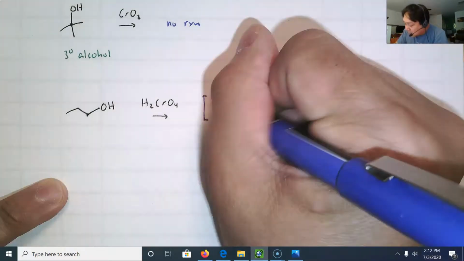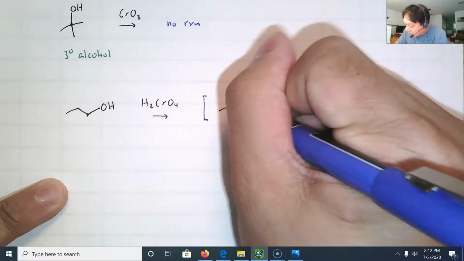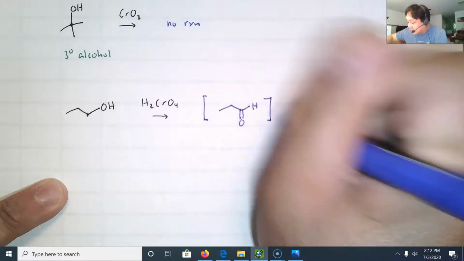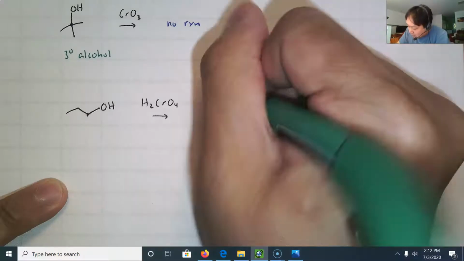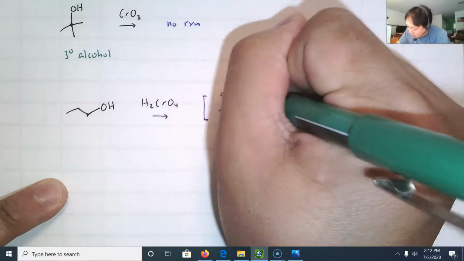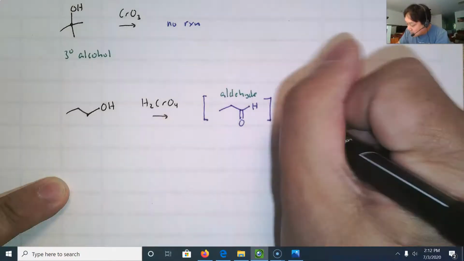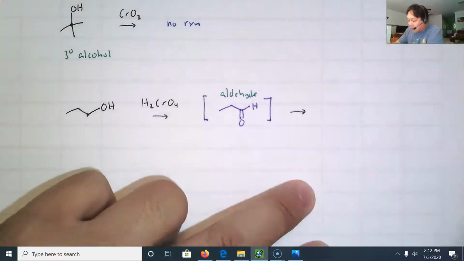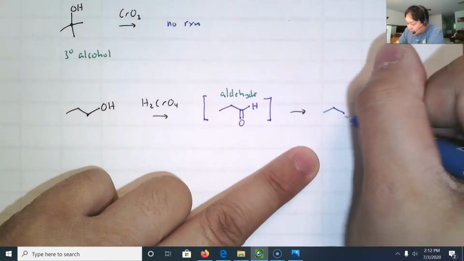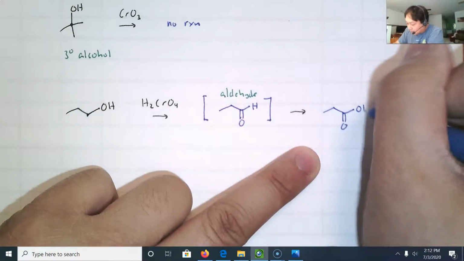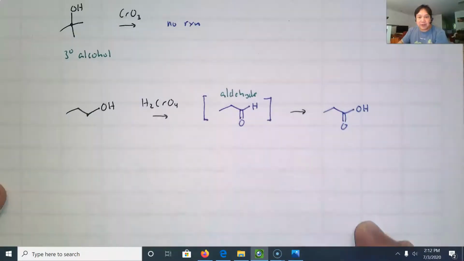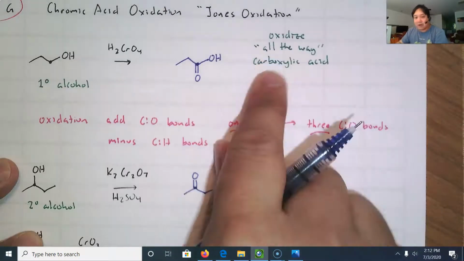You cannot isolate the aldehyde in this case, because the aldehyde would further oxidize to our product that we would predict, the carboxylic acid. And that's what we predicted up here, right? Carboxylic acid.